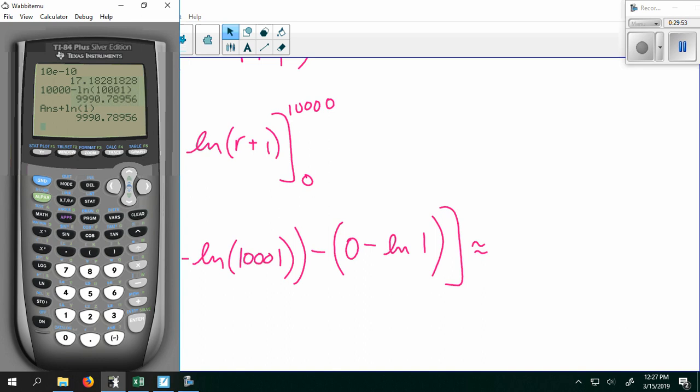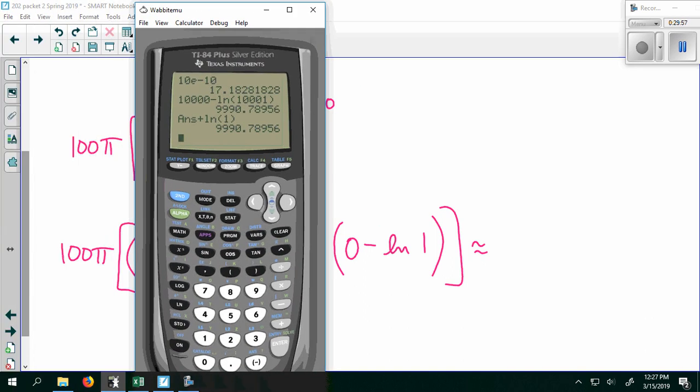And then I have to multiply that times the constant out front, which is 100 pi. Not 10 pi. There we go. So that comes out to 3,138,699. That is the answer I got when we integrated using the calculator.